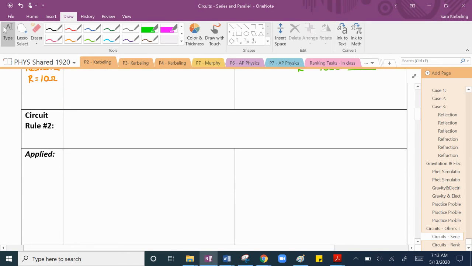So circuit rule number 2 is called the junction rule. Also affectionately named what goes in must come out. Or for a more technical, more scientifically minded term, we can describe this as conservation of charge.